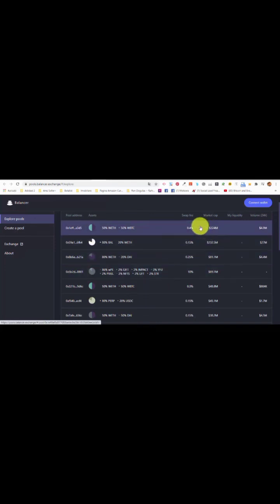So in our opinion, the higher all of these indicators, the better, right? So this is how this works. And you obviously can create your own pool, but this is a little bit more complicated, and obviously you need other things for that as well.